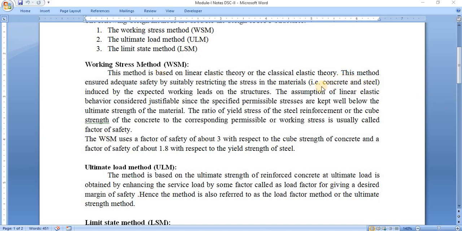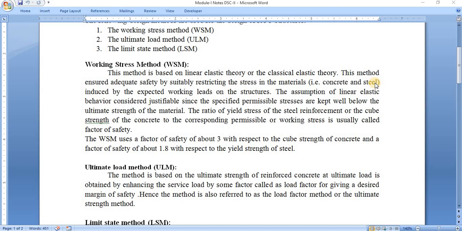What this theory does is, the stress in concrete and the stress in steel will be limited. So I can say that in concrete and steel, the stress will be limited to a certain amount. Let us think that the maximum amount of stress which can be borne by concrete and steel has some limit.